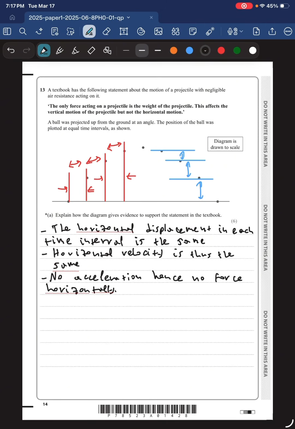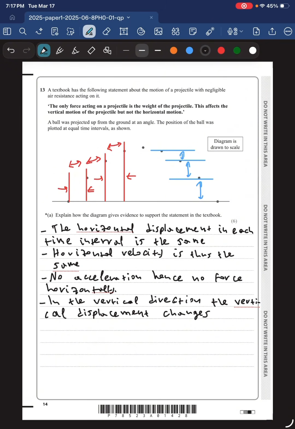Okay, now let's turn our attention to the vertical direction. So in the vertical direction, the vertical displacement changes.